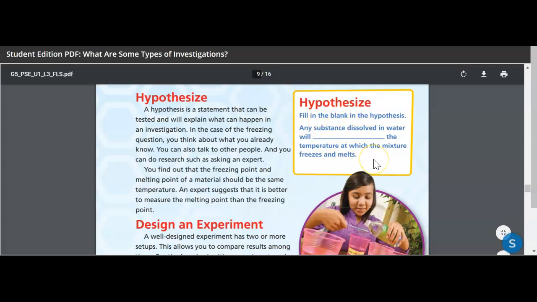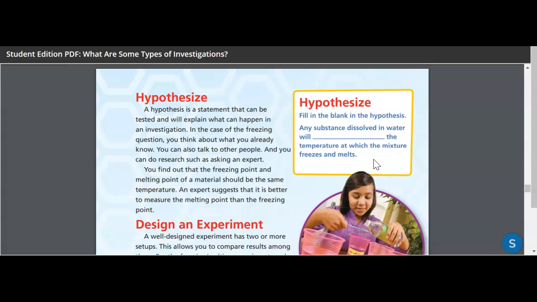Will it lower? What will it do to the temperature that when you add it to water? That's what you're stating. It's a prediction, a statement based on what you have observed before making your hypothesis.